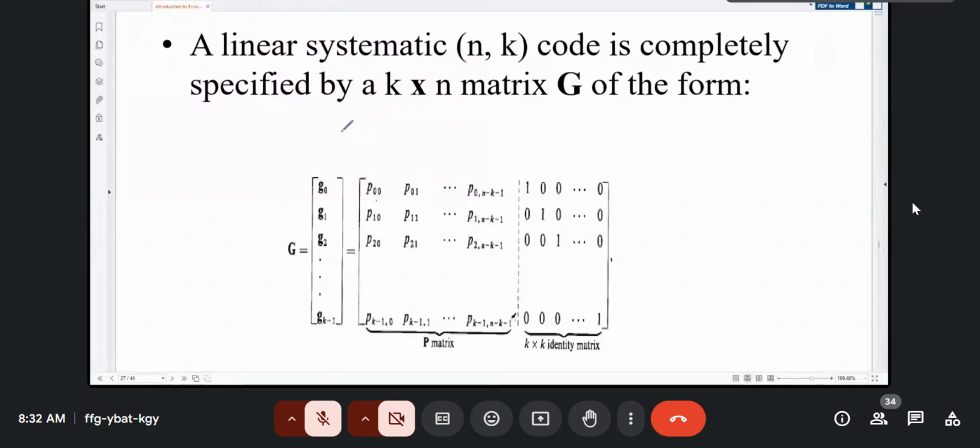So for the linear systematic code, you have this generator matrix, which has got a first part, which you call the P matrix. I won't call it a generator polynomial, but just a pattern of zeros and ones. The P matrix, and then you have a K by K identity matrix.